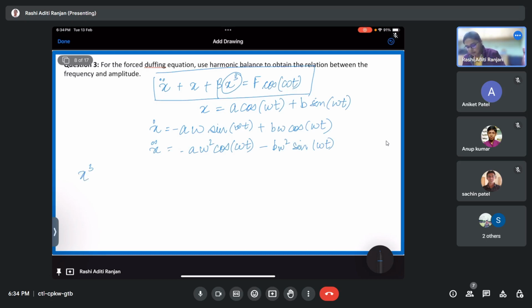Next, I'll have x cube. X I can write like this, I've assumed already. Now I have to find x cube. So x cube would be a cos omega t plus b sine omega t whole cube.